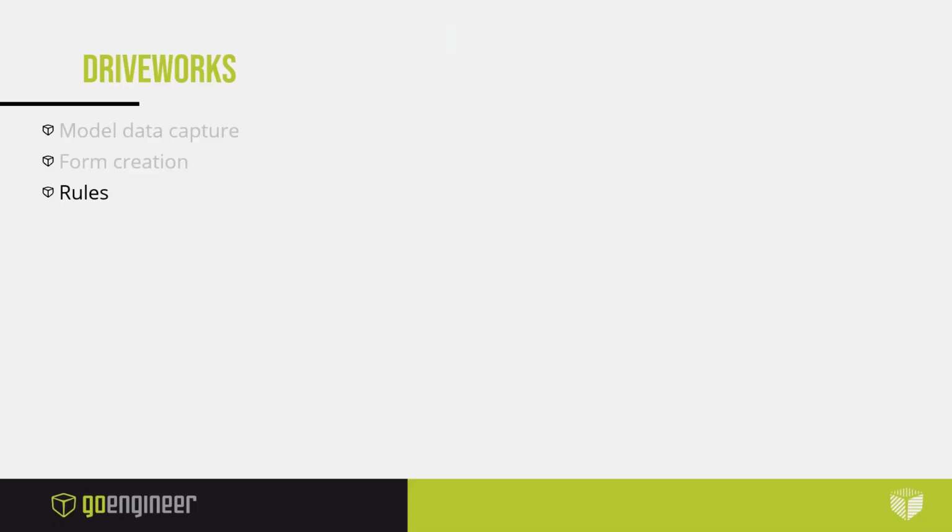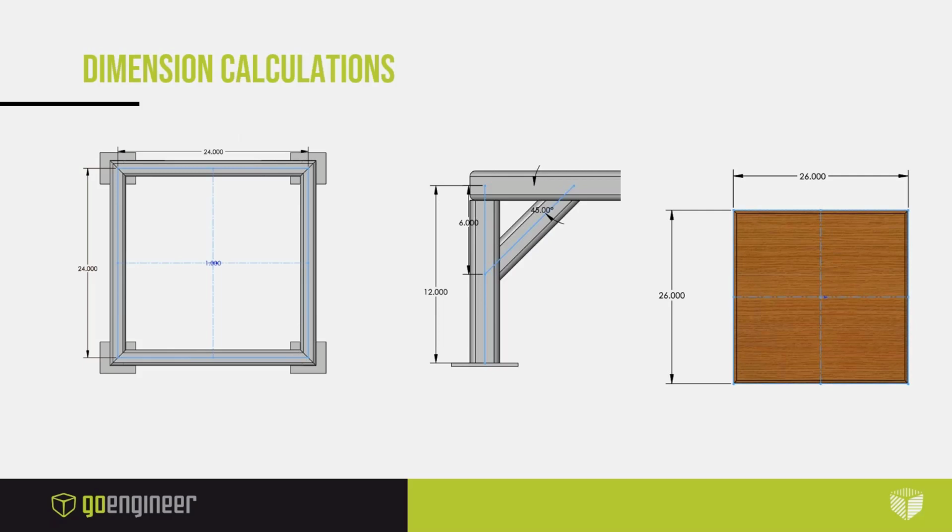Now the next piece of this is going to be creating our model rules. And let's take a minute and take a little bit deeper look at how our model's set up, because I have a little more time to do this with the simplified method of setting this up in DriveWorks. If we look at our sketch for our frame, it's actually in the center line of our weldment profile. And that's a 2-inch square tube.